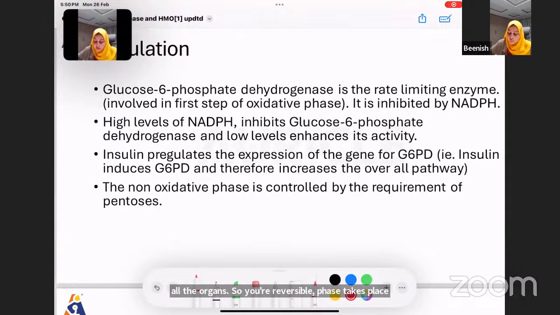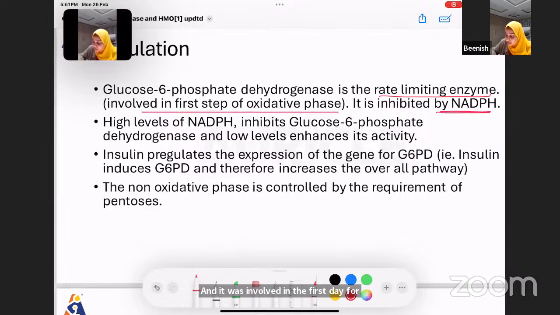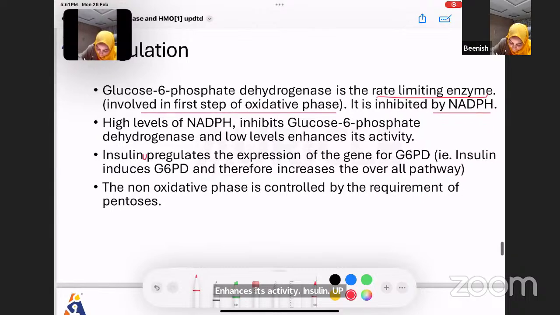Now regulation. Glucose 6-phosphate dehydrogenase, as I mentioned, is the rate limiting enzyme. It was involved in the first step of oxidative phase and it is inhibited by NADPH. So high levels of NADPH will inhibit glucose 6-phosphate dehydrogenase and low levels of NADPH will enhance its activity. Insulin upregulates the expression of the gene of glucose 6-phosphate dehydrogenase.